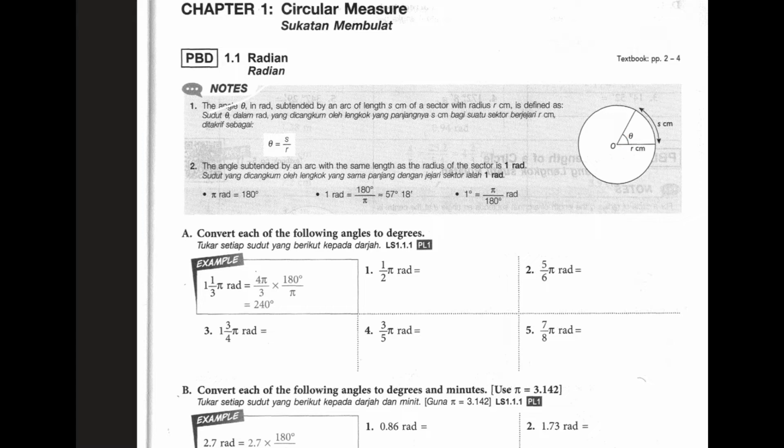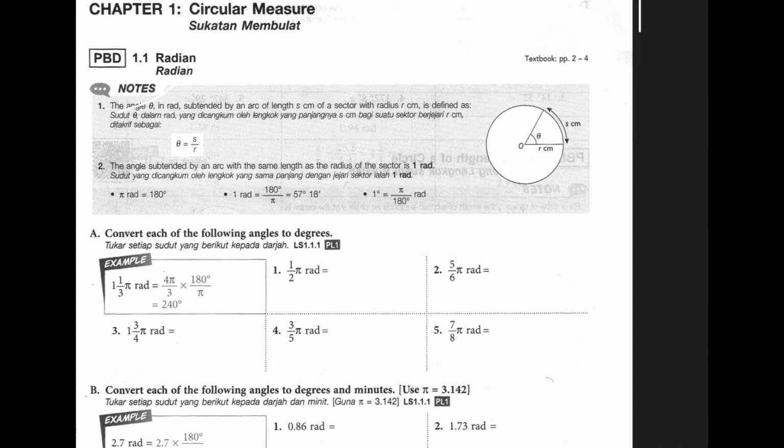And you want to know about radian, you have to use this formula. Theta equal to s over r. Theta equal to s over r is a formula that relates between the arc length, the radius, and the angle in radian.